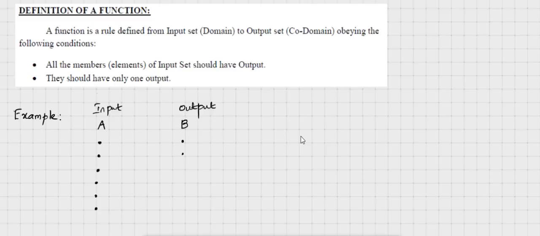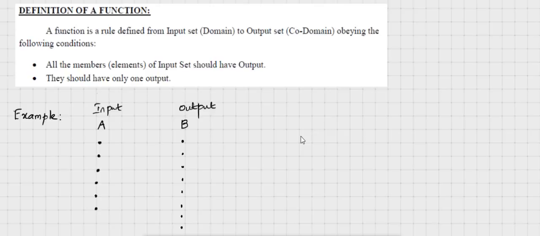I am taking around 7 or 8 elements. No matter how many elements you take, it doesn't matter. But see how a rule is filtered to a function, mathematically.